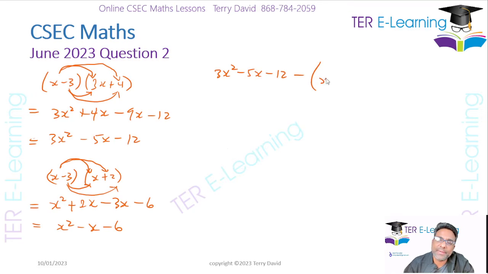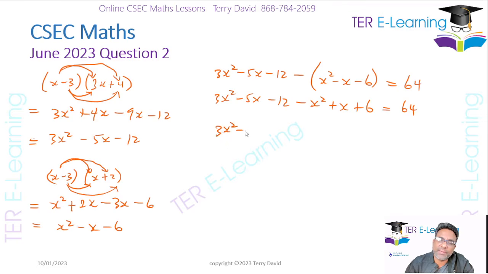Minus, again, put this in brackets, x squared minus x minus 6 is equal to 64. So this is going to be 3x squared minus 5x minus 12 minus x squared plus x plus 6 is equal to 64. Carry everything on the left side. So you're going to have 3x squared minus x squared minus 5x plus x minus 12 plus 6 minus 64 is equal to 0.